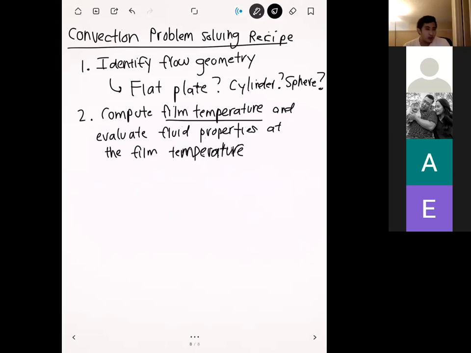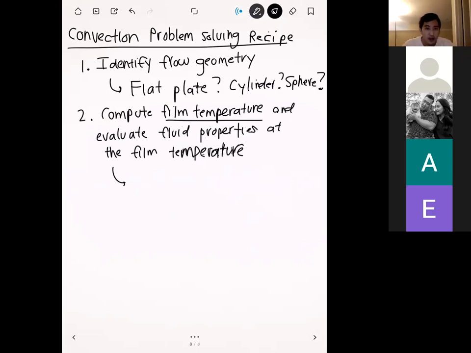Okay? Some problems will just give you the film temperature. If you look at the homework, I tell you to assume the film temperature is like 20 degrees C, or assume the film temperature is 30 degrees C. In those cases, you can just use what I tell you. But in other cases, you might have to take an average. Okay. And then once you have the film temperature, you're going to use this to evaluate the properties.